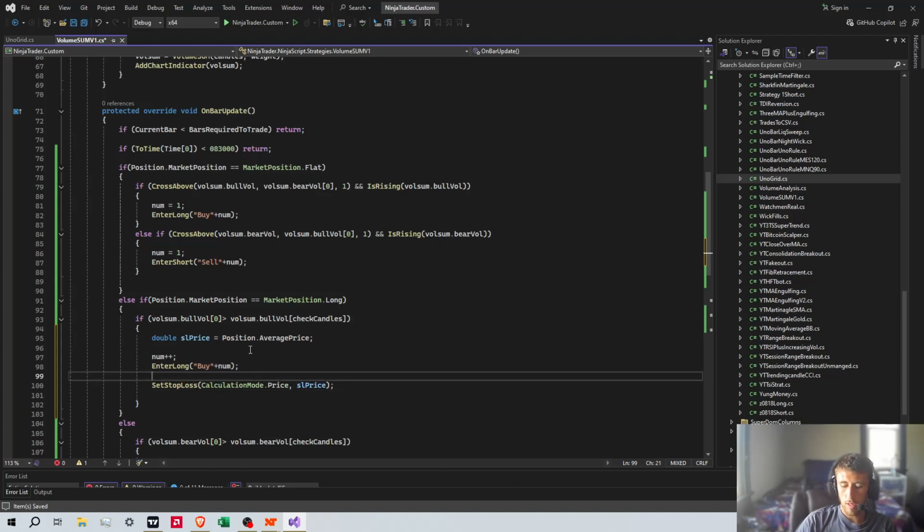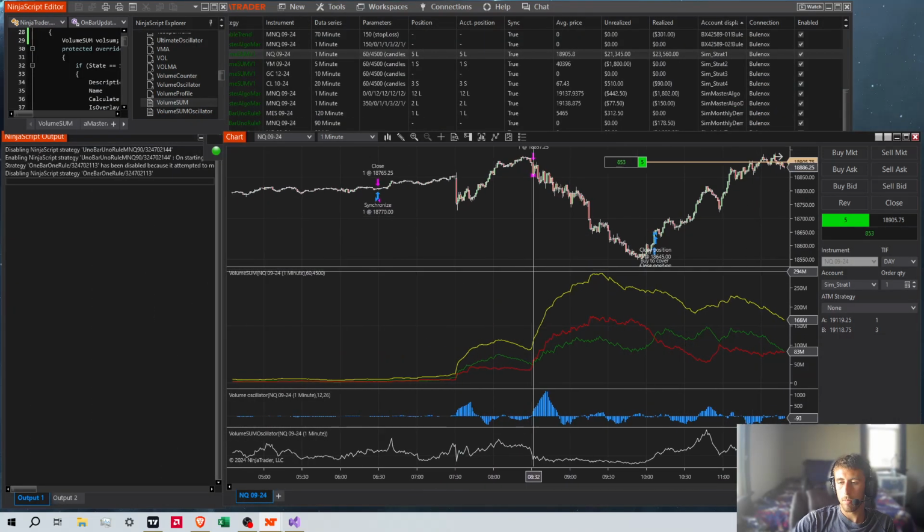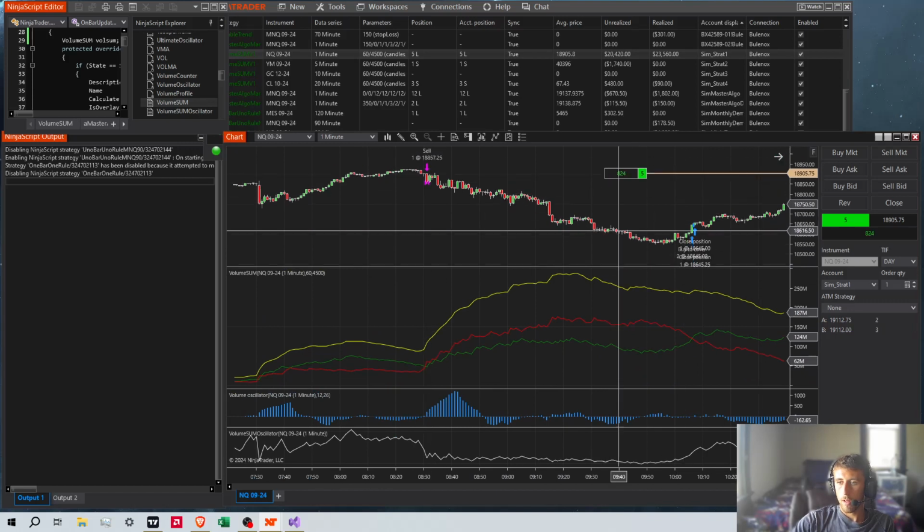But we also need to make sure, because we could get a situation where even though the volume is increasing, there might be a divergence. So the price might be up here, but bear volume is still decreasing. So that'll give us an error.